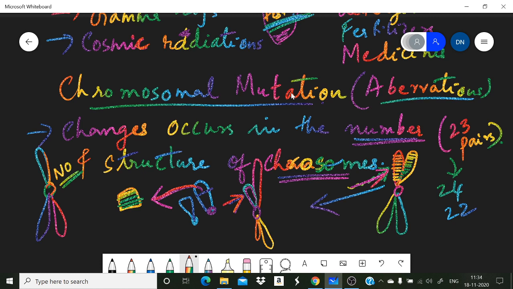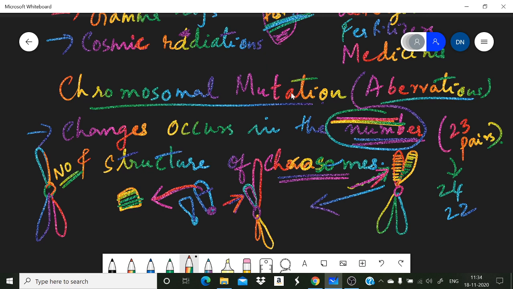So this is a structural abnormality, a structural change that occurs in the chromosome, as well as if there is any change in the normal chromosome number, that may also be because of mutations, or we can say that these are chromosomal mutations or chromosomal aberrations.